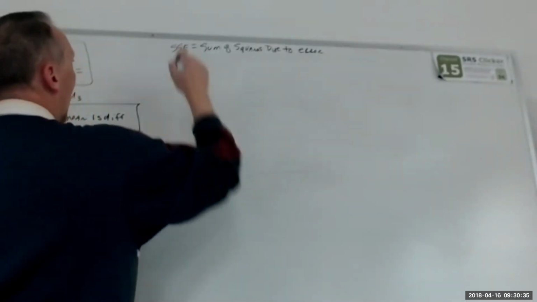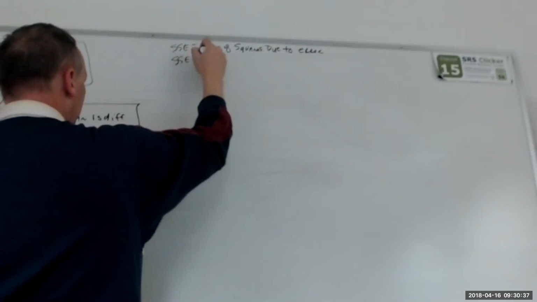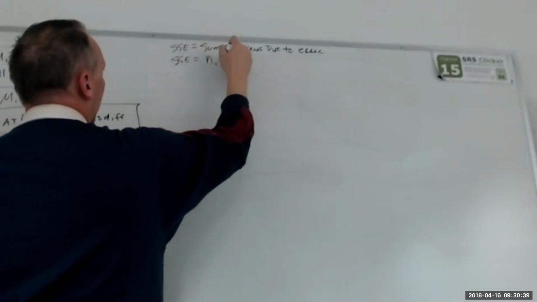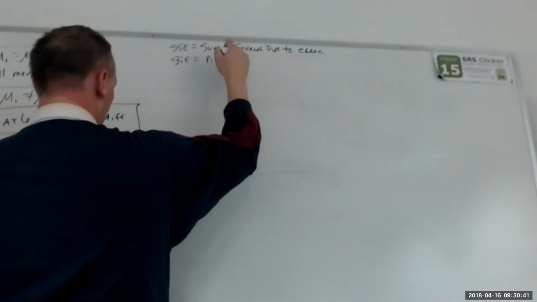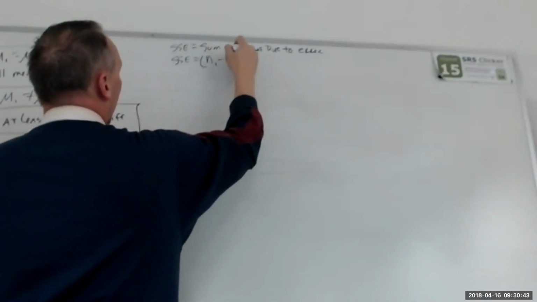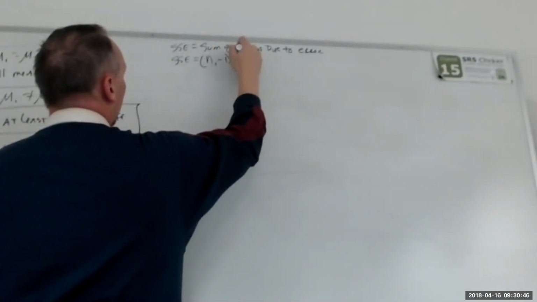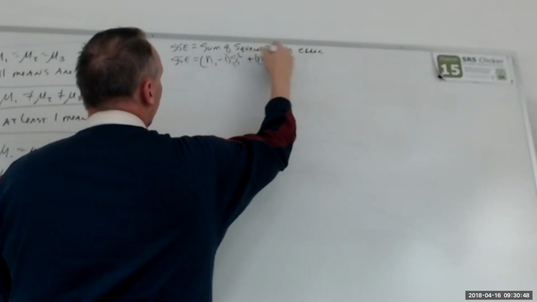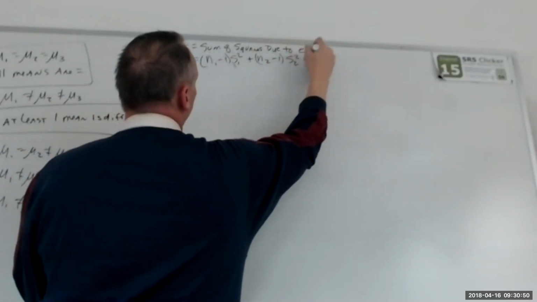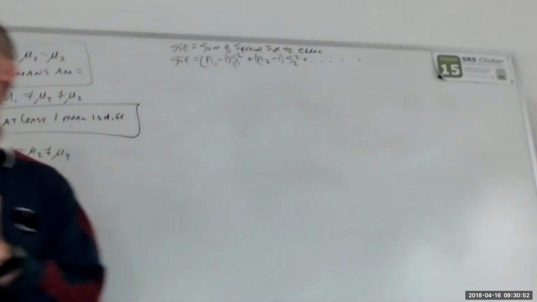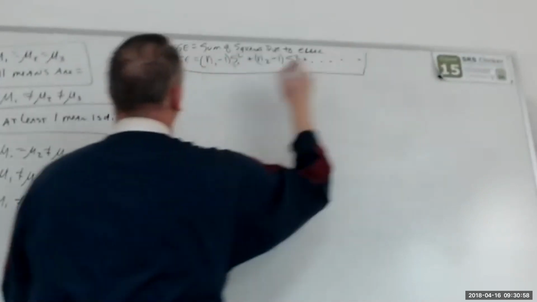The SSE equals n1 minus 1 times s1 squared plus n2 minus 1 times s2 squared plus as many samples as you have. So that's the SSE.